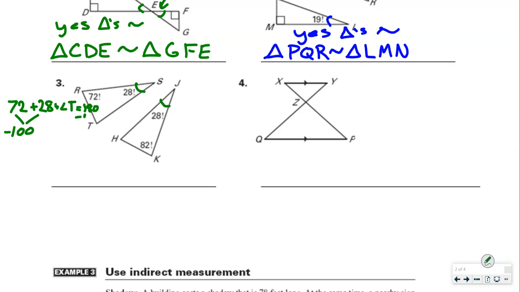So 180 minus 100 is 80. Angle T equals 80. 80 does not match up with angle K. So no, our triangles are not similar.